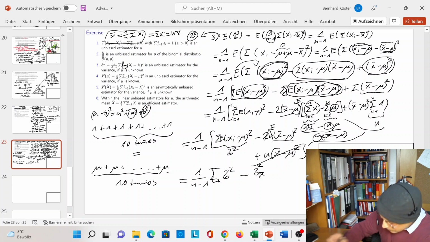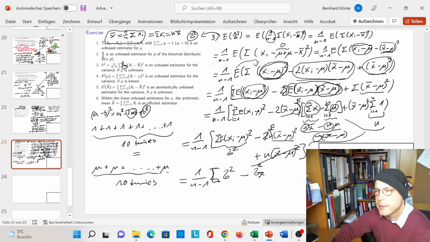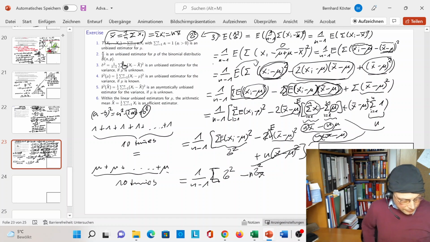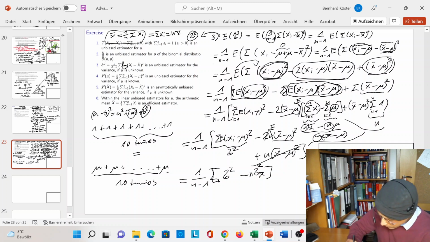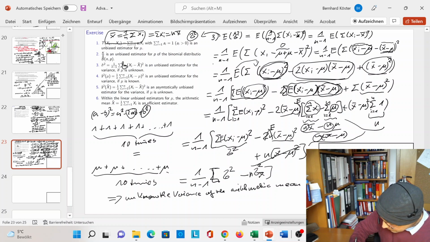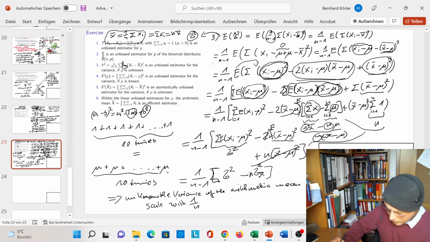sigma squared, now the variance of our arithmetic mean times n, and we know that the variance of the arithmetic mean scales with 1 over n.